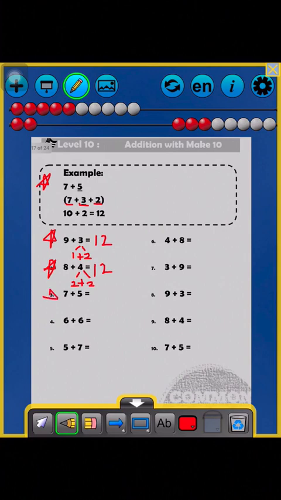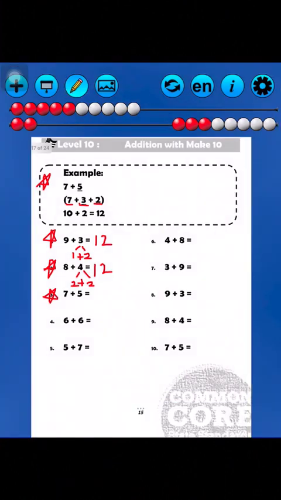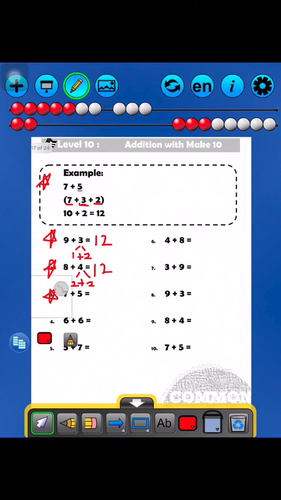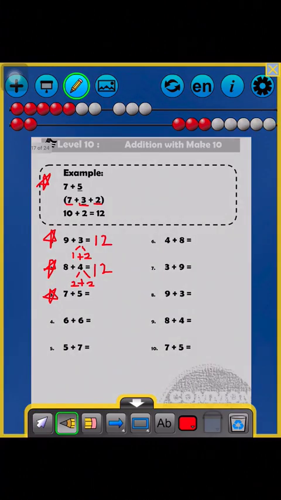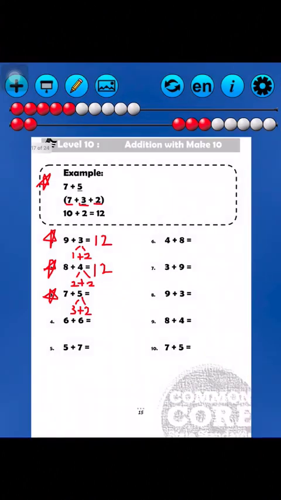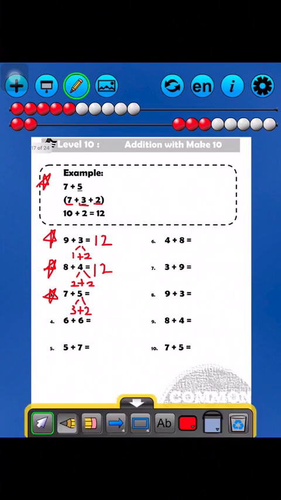And then we have 7 plus 5. So we may take away 3 from the 5, so that we may give 3 to 7, so that we may regroup to form a 10. So we have 7 plus 3 plus 2, which equals to 10 and 2, 12.